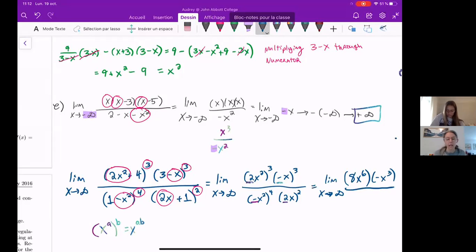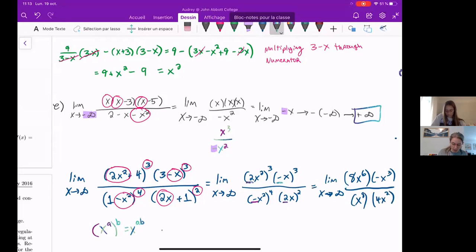Down on the bottom, does the negative stay? I have an x to the 8, but is it going to be positive or negative? It's going to become positive because we're putting it to the power of 4. So negative 1 to the 4th becomes positive. So that's x to the 8, and then 2 squared is 4, so that's 4x squared.